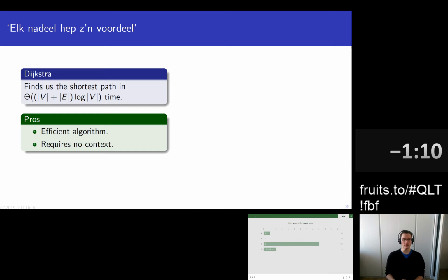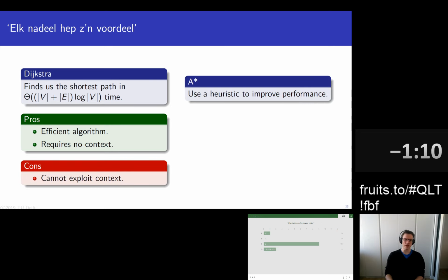Now that's great. I don't require any knowledge of this context, but it also means I cannot exploit this context. If I were to know, for example, that it is in a Euclidean space, well, then I could use A star to improve my performance. I could use a heuristic.